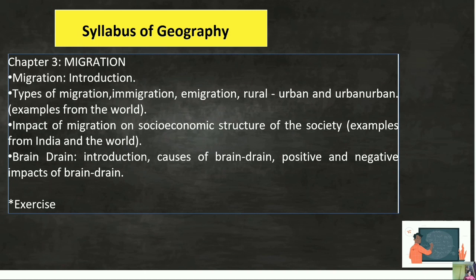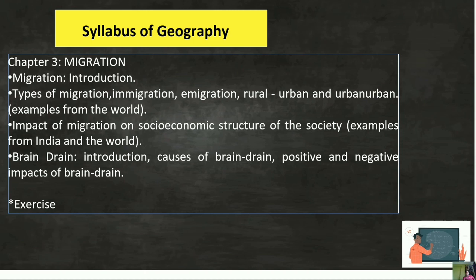Next, the third chapter, which is entitled migration. Here we will know about the definition of migration, and also the types of migration. Next, we will know about the factors affecting migration, and also we will learn some impacts and major causes of migration.